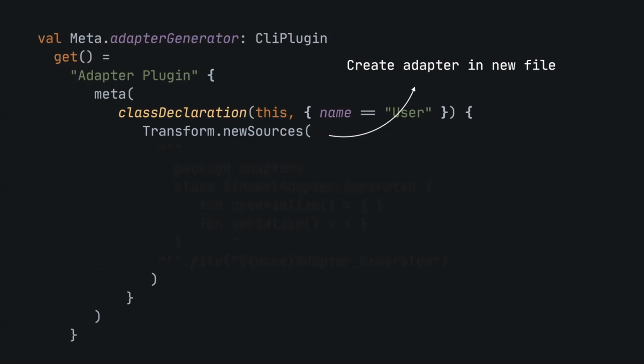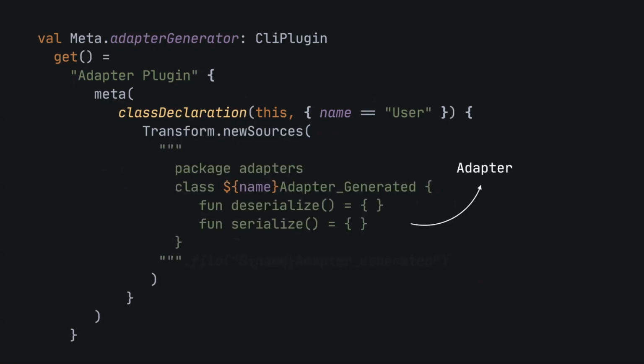What this method takes in is the generated source code that you want, and you supply your logic in there. How will you deserialize and serialize it? What you get in this lambda block is a KT class type, and you could use that to extract information from what the current class has.